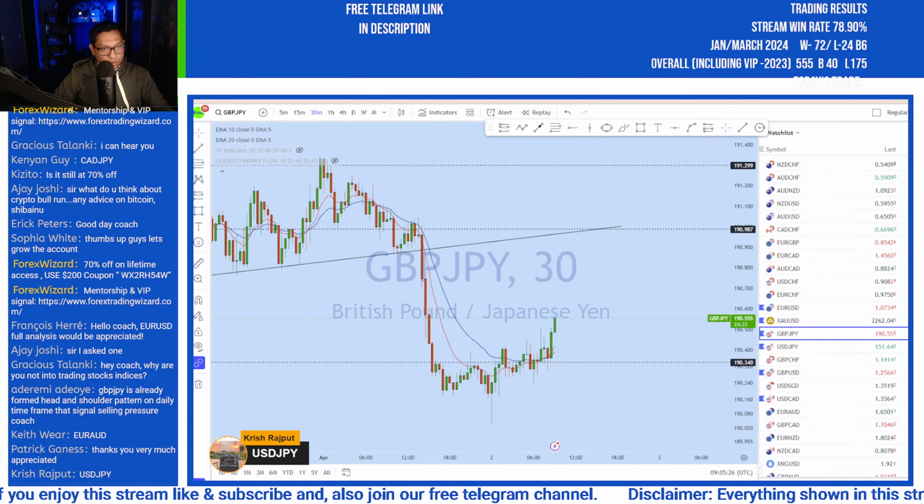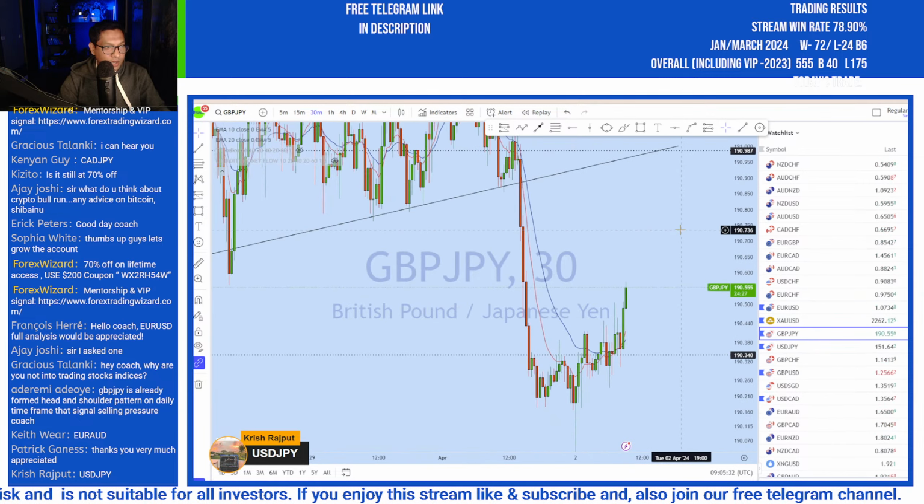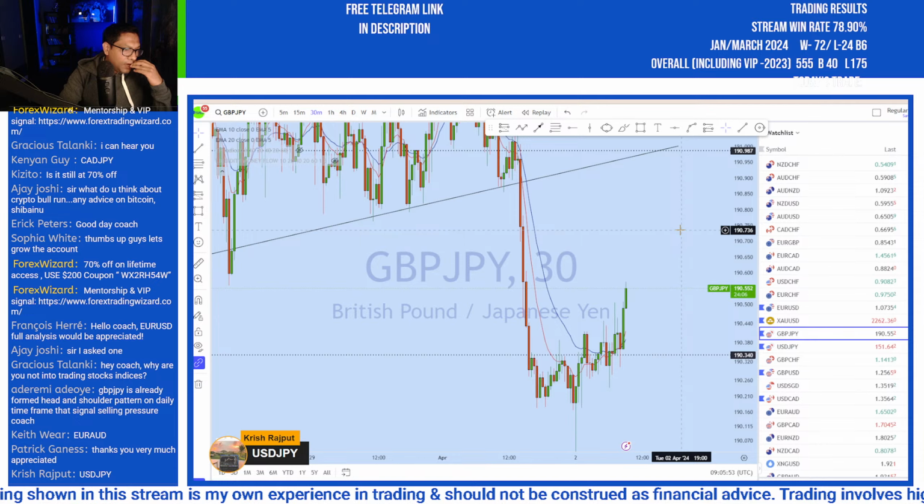GBPJPY, this is a very important point. If you are trading, then you must consider the fundamental aspect of trading. I have seen many gurus telling you to learn microeconomics, learn macroeconomics.